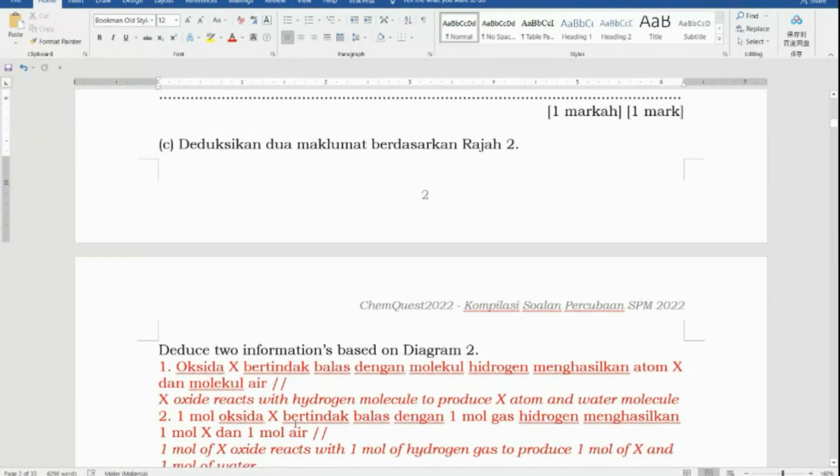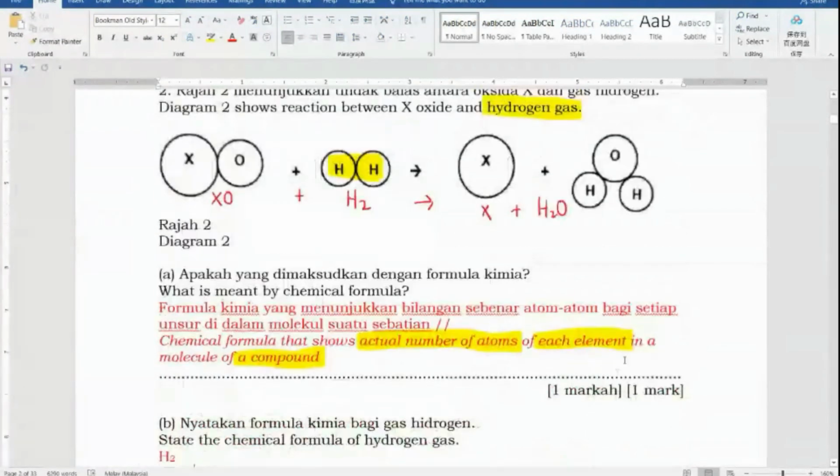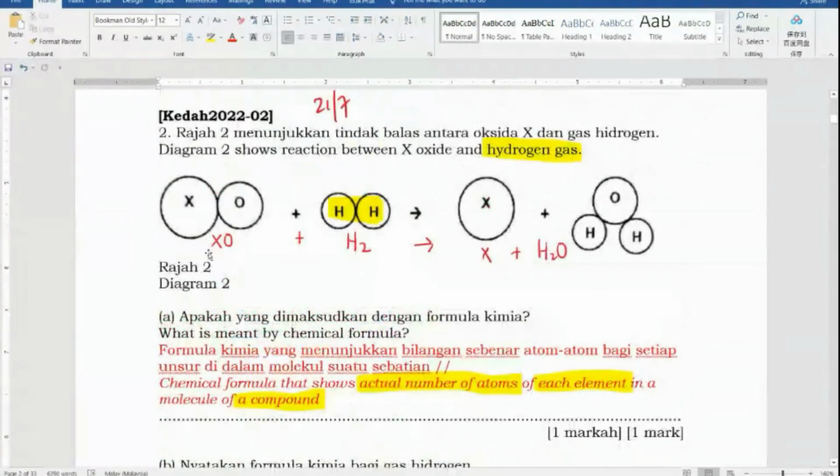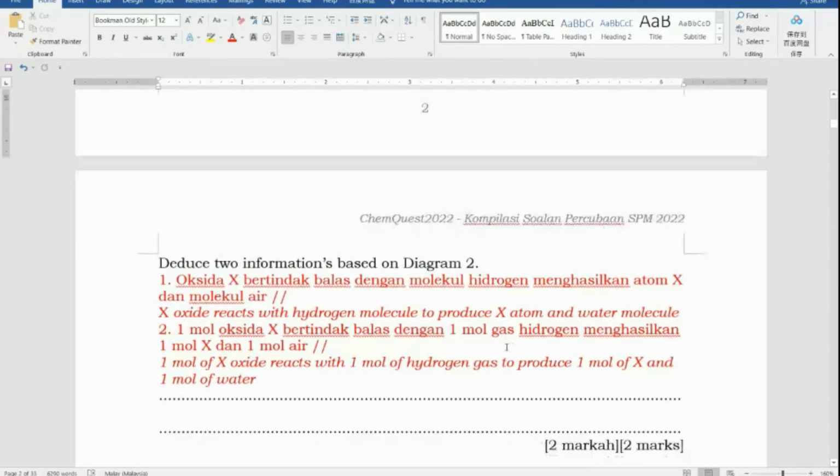The second one, you can put in the mole like this. Nothing means one. So you can write 1 mole of XO reacts with 1 mole of hydrogen gas, to produce 1 mole of X and 1 mole of water. These are the information you can write.